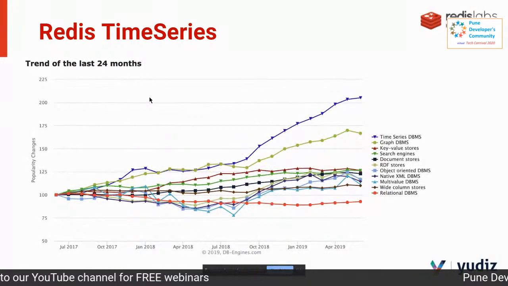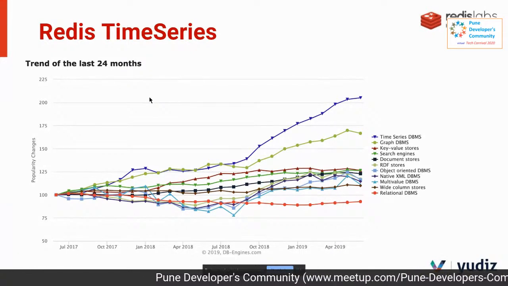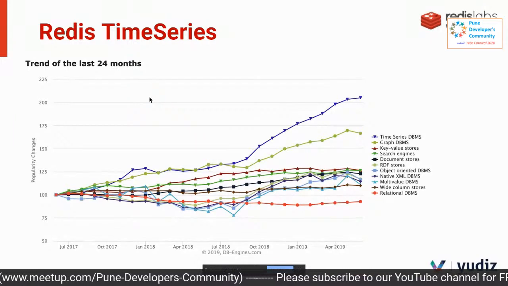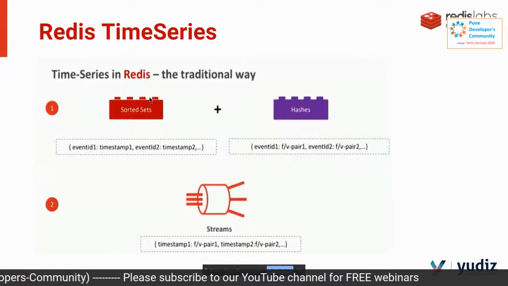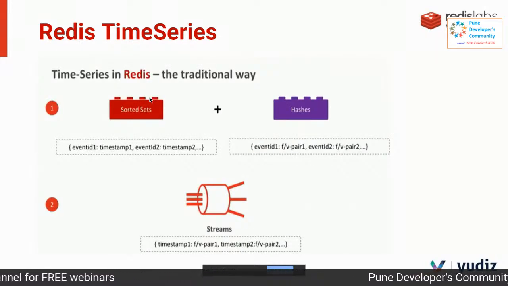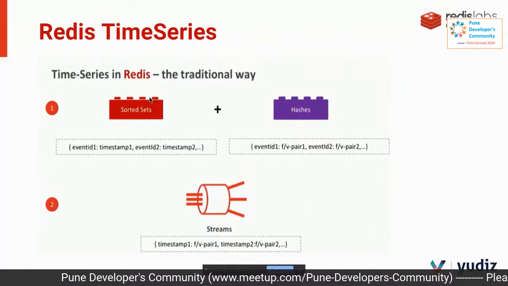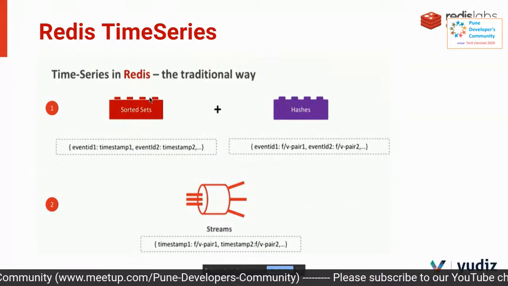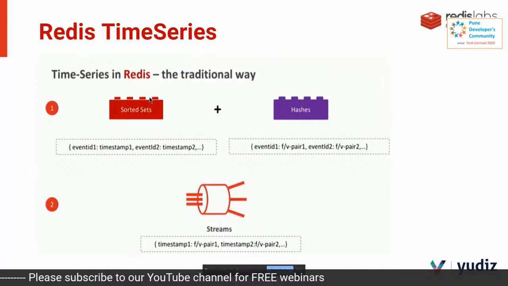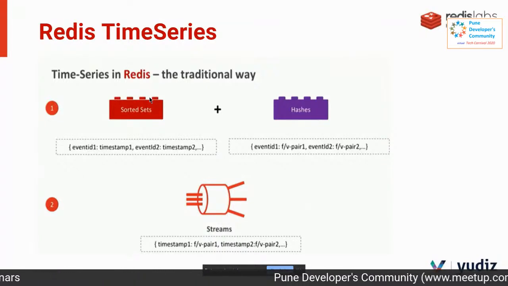In today's trend, as we can see, the use of time series databases is growing for various use cases. In Redis, earlier people used it for time series data because Redis is an in-memory data store, and it provides a lot of ingest capacity. So earlier sorted sets were used for time series data in combination with hashes.